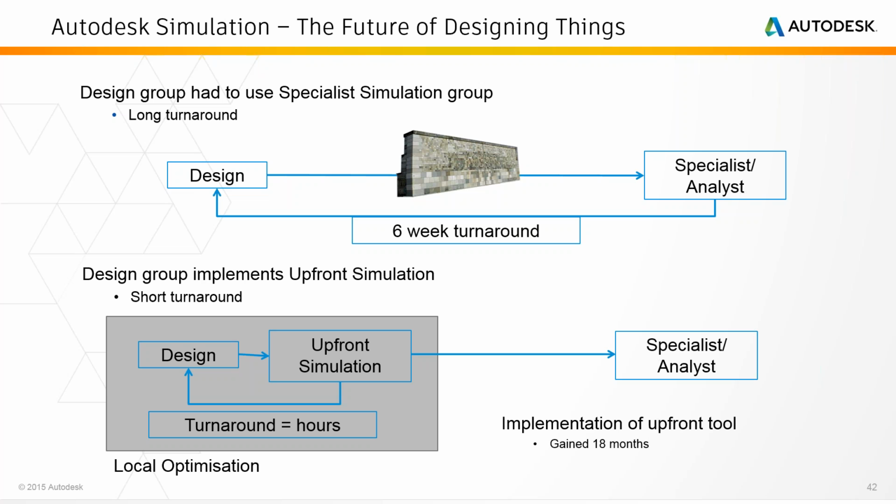But in each case, you've got to wait for results to come back, and if the results aren't good, you've got to redesign and repeat the process. So one particular company was finding this typically to be a 6-week turnaround. It was really delaying things. And that specialist analyst becomes a very busy person. They're having to look at every design that comes through, rather than just focus on their most critical projects.